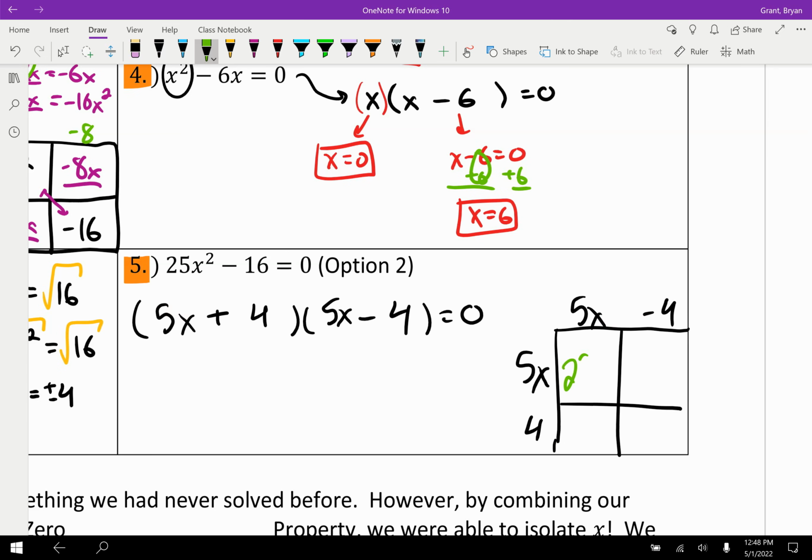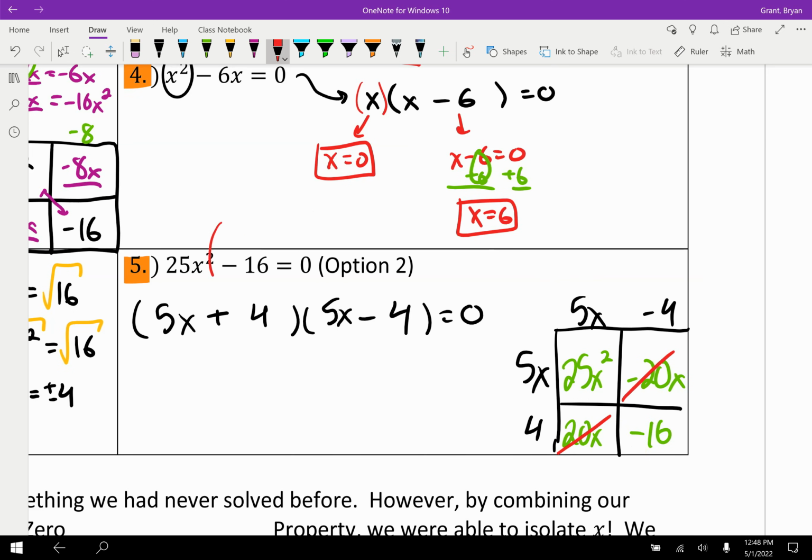And when we multiply, 25x squared minus 20x, 20x minus 16. Does that match what we started with? Well, I think it does because our 20x's cancel, don't they? That leaves you with your 25x squared minus 16.